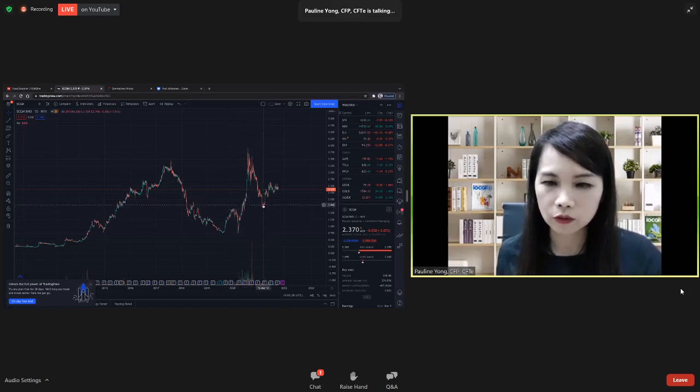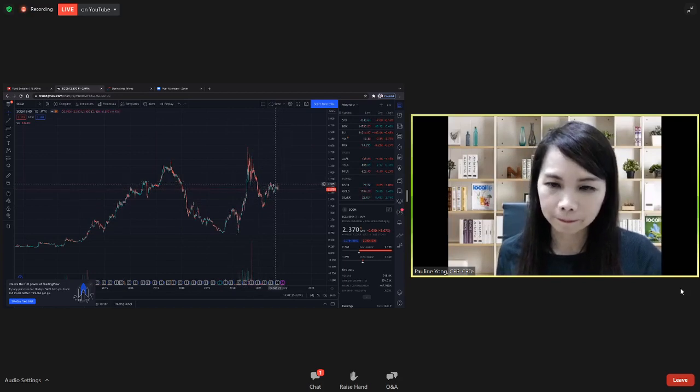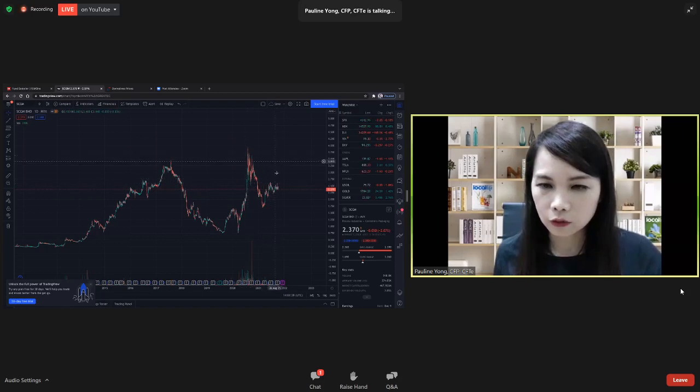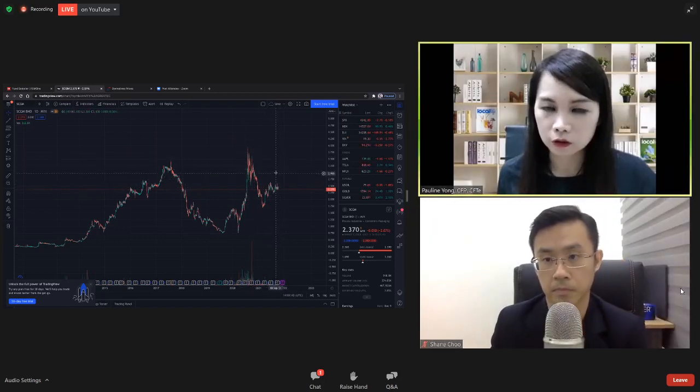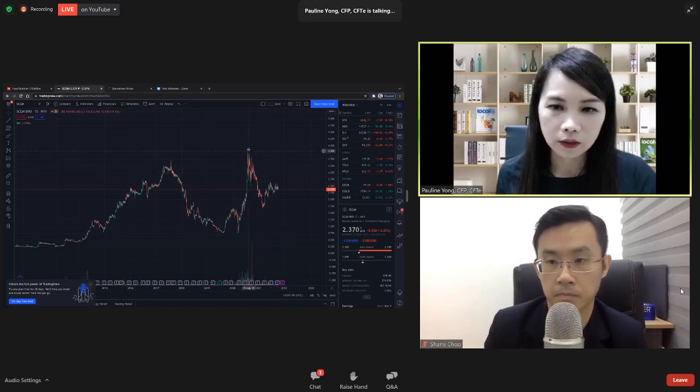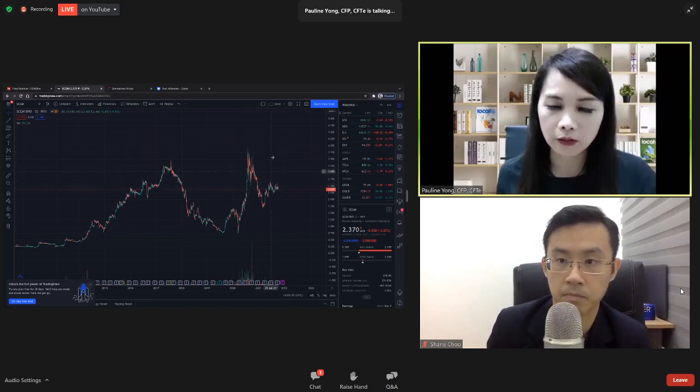Okay, so if this is wave number 4, then you are looking at wave number 5 here. However, I look at the situation, this wave number 5 most likely is going to be truncated as well, because in order to have that wave number 5, you need to pass this level.